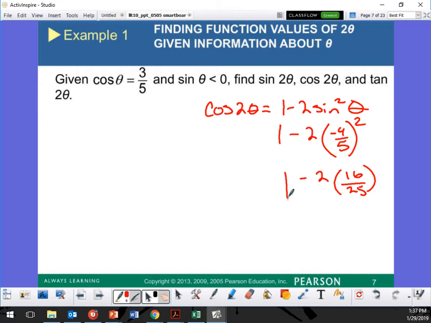Do I need a common denominator? What is my common denominator? 25, right? So this is going to be 25 over 25 minus 32 over 25. Negative 7 over 25.